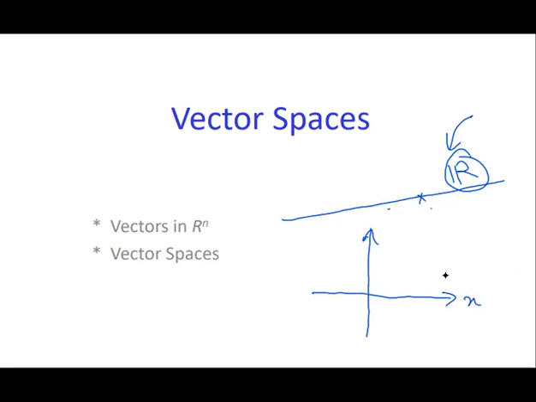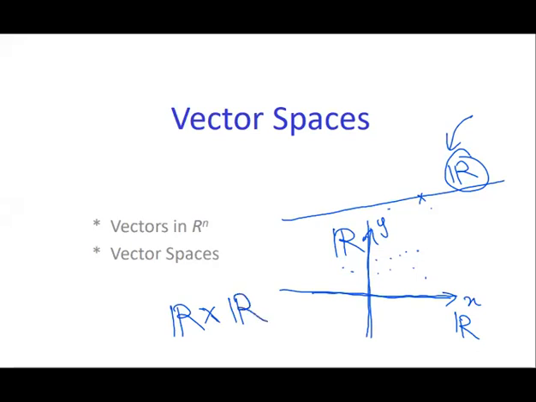In this case, you have two real lines, each one is R. The set of all elements of this plane is given by R cross R. Earlier you had just R, now you have two coordinates, x comma y: the x component and the y component.